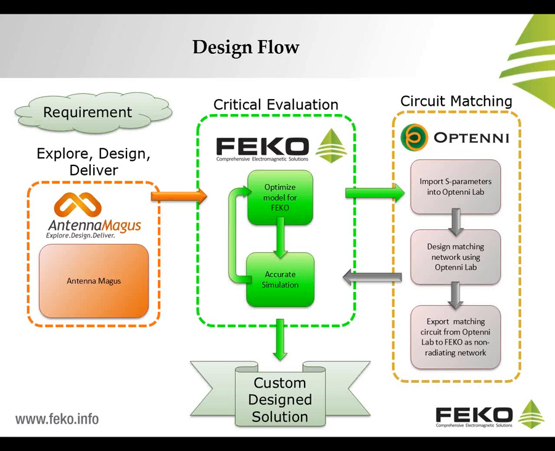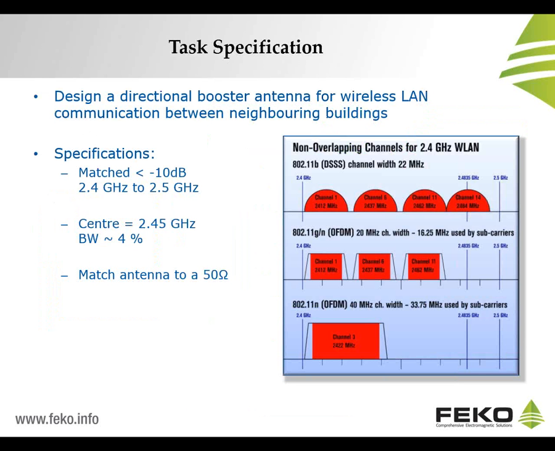The problem that I've chosen to work on this afternoon to demonstrate this tool chain is a simple directional booster antenna for a wireless LAN communication between neighboring buildings. For those of you not familiar with wireless LAN frequency bands, typical wireless LAN in this case operates between 2.4 and 2.5 gigahertz in various different channels that are spaced roughly from 2.4 to about 2.48 gigahertz.